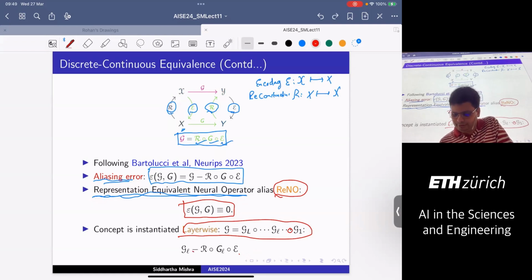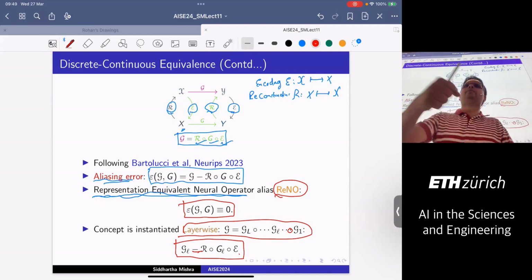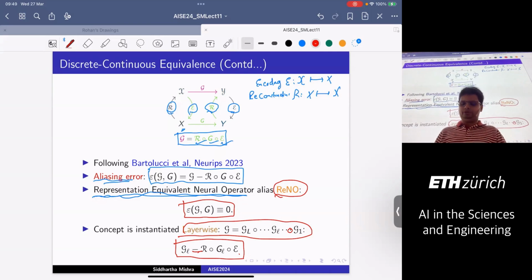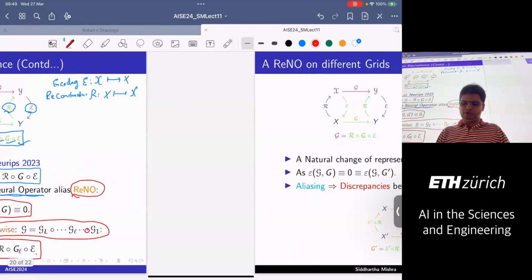For each layer, whatever layer you're in, this aliasing error should be 0. Once you have a composition, 0 composed with 0 is 0, composed with 0 is 0. So if every layer of your neural network or neural operator satisfies this property that there is no aliasing, then the whole operator does not have any aliasing. So that is the construction.